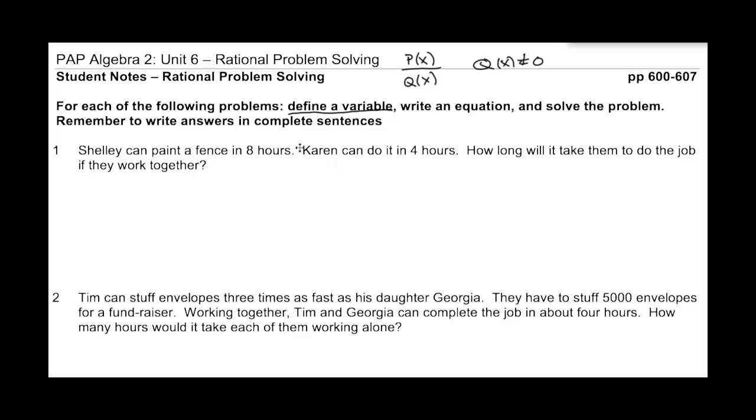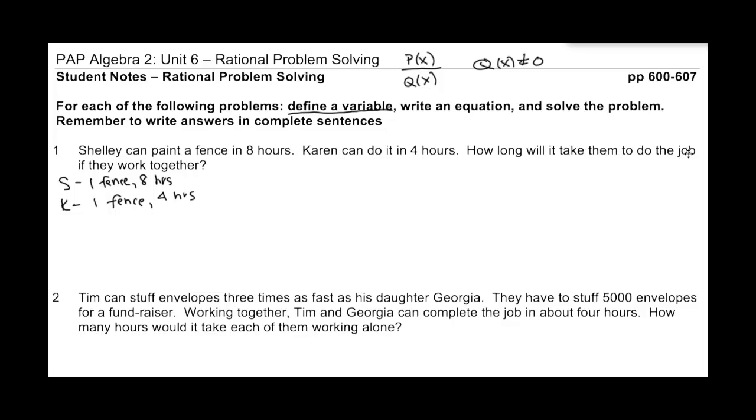Shelley can paint a fence in 8 hours. So I'm going to make myself a note that Shelley, represented by S here, can paint one fence in 8 hours. On the other hand, Karen, she can do it in 4 hours, in half the time.